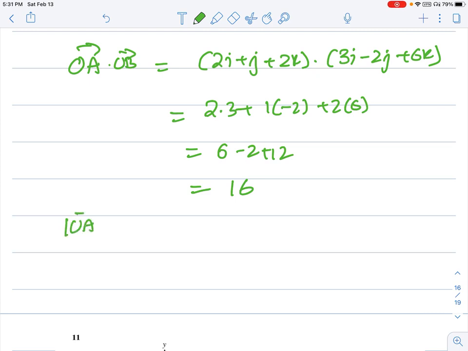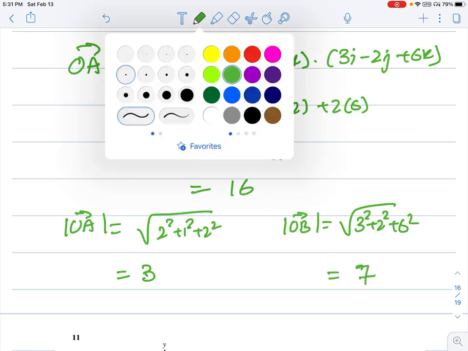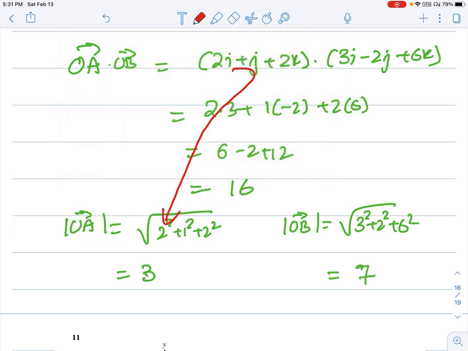Then I find modulus of OA, which is square root of 2 square plus 1 square plus 2 square, which is 9, 3. Modulus of OB, I find 3 square plus 2 square plus 6 square, which is 49 and 7.